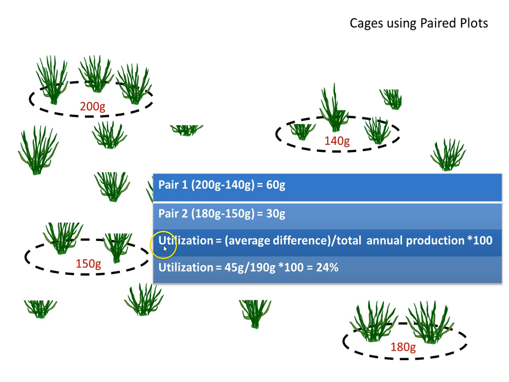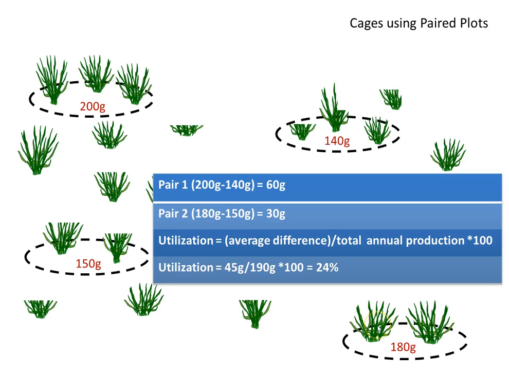We then determine the average difference. So for the first pair, there was 60 grams that was removed, is the difference between them. The second pair was 30 grams. In this case, the average difference is 45 grams. And the total annual production is the average of the two caged plots, or all of the caged plots.